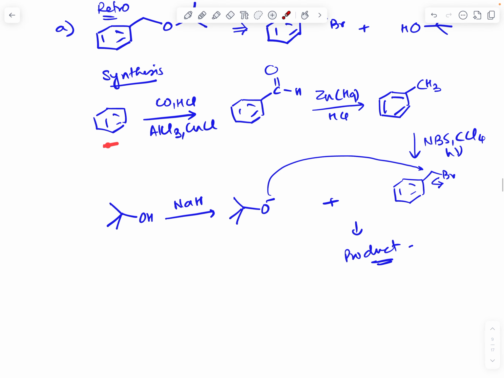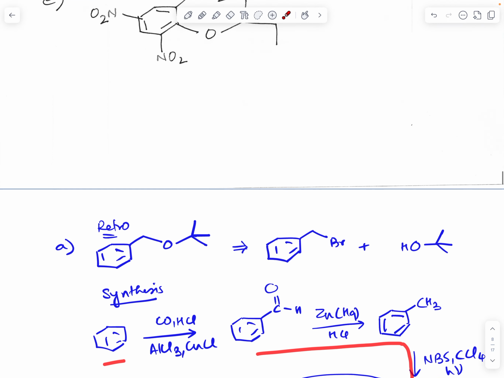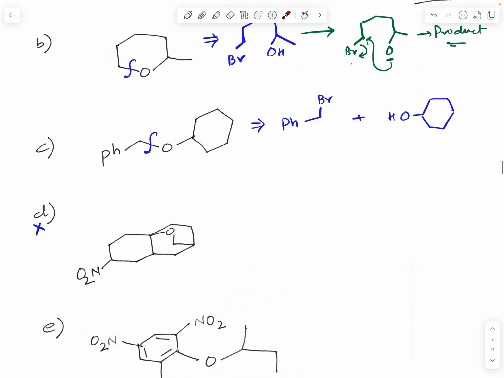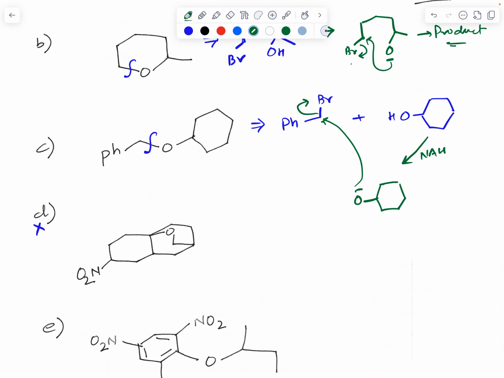You start from here, you go down this pathway, and there you have it. So we follow the same strategy to make this piece. So all we've got to do is connect them together. We'll add NaH to this piece, and then this piece will attack this, goes there, and guess what? It gives you the product.